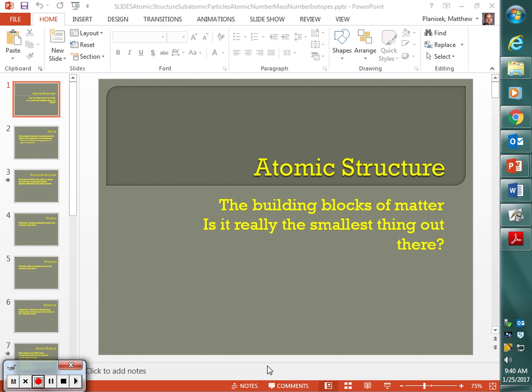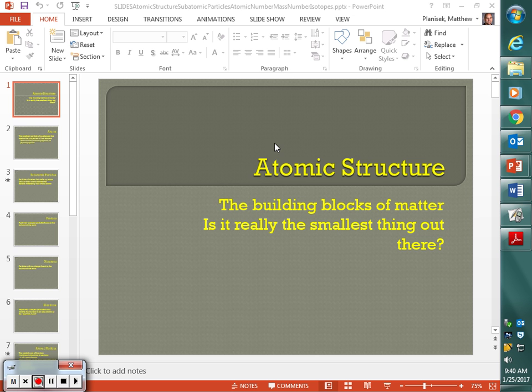Okay? All right, so the outline that we talked about yesterday, we described the three main subatomic particles that you are going to be responsible for in this class. There are lots of other subatomic particles that we won't discuss in here that get us to a whole other level of understanding.